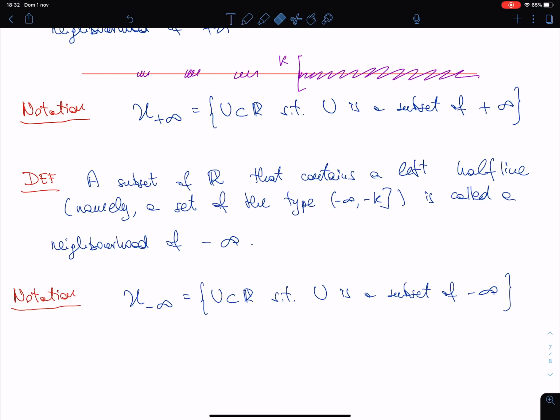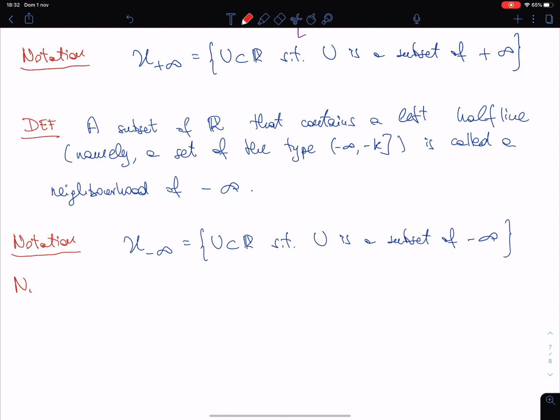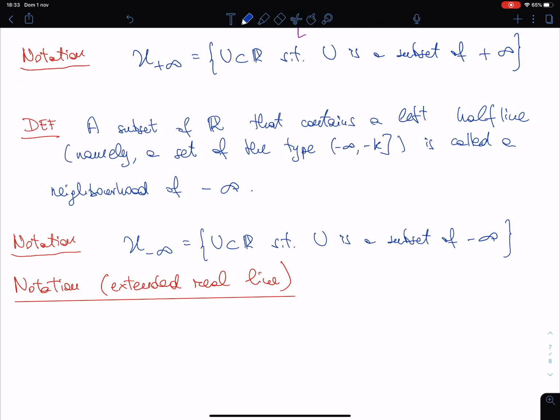And so here, another notation which is quite important, and it is just a notation for our purposes, but I will define the so-called extended real line. Extended real line means that we have the real line, R, together with the points plus infinity and minus infinity, that I write here as plus minus infinity.